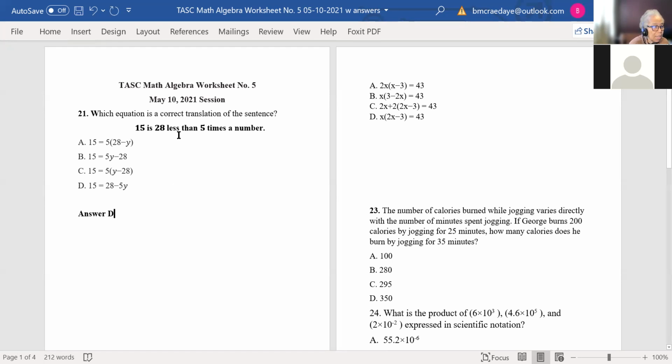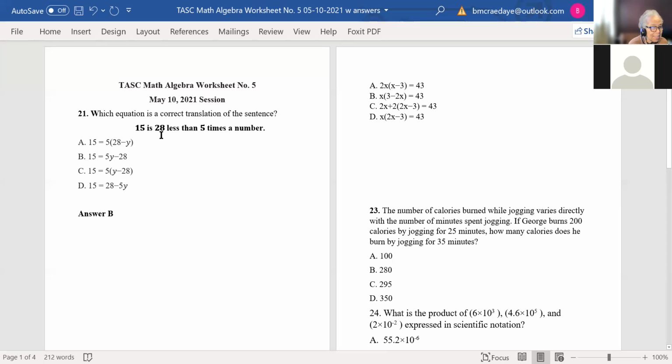Because this one is, let's see, 28 less than 5 means you're subtracting 28. No, it's B. Sorry, it's B. Because the 28 has to be subtracted from 5 times the number. Here, 5 times a number is subtracted from 28.